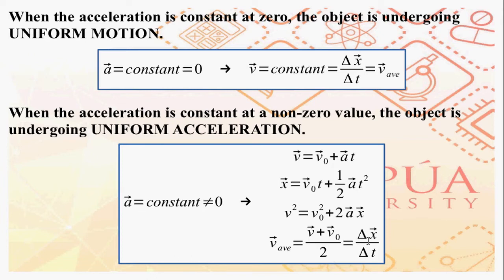Average velocity is also equal to delta x divided by delta t.